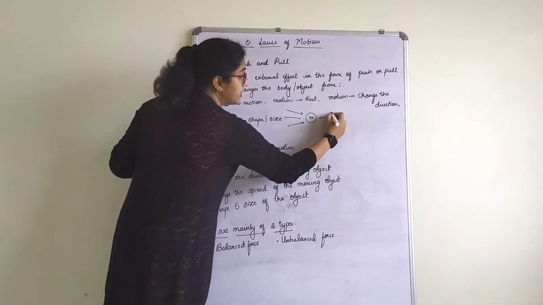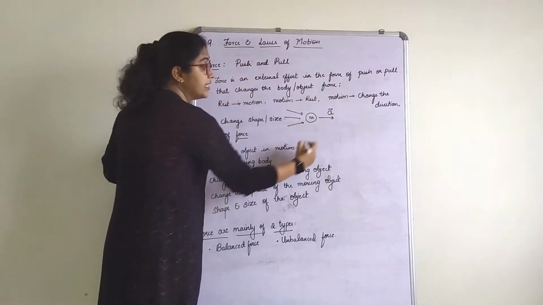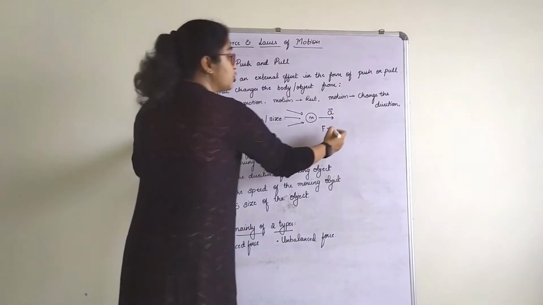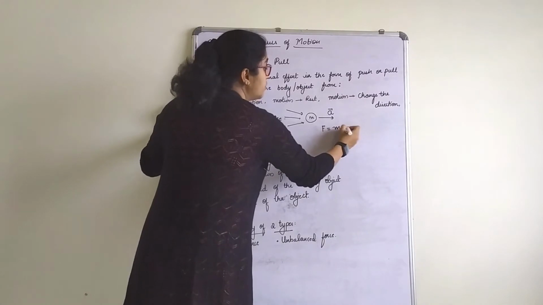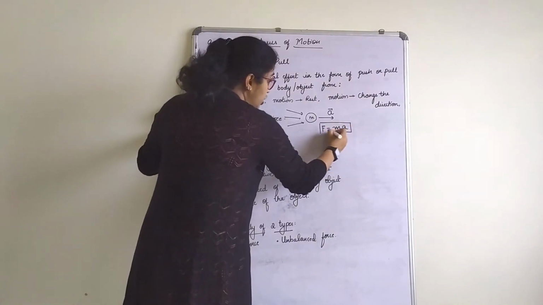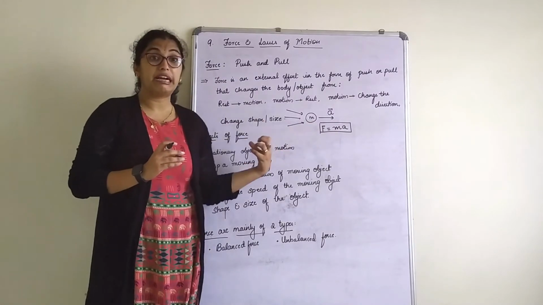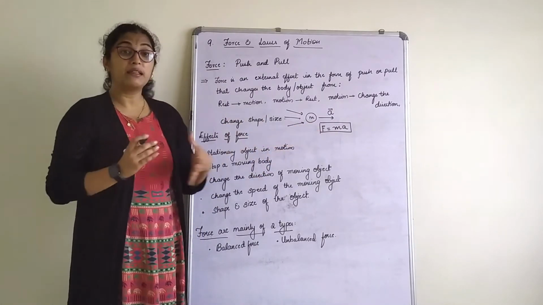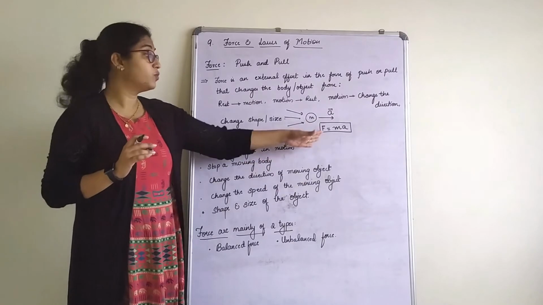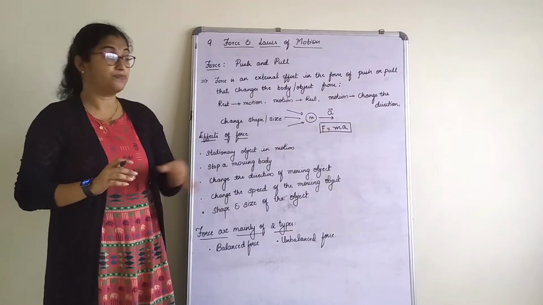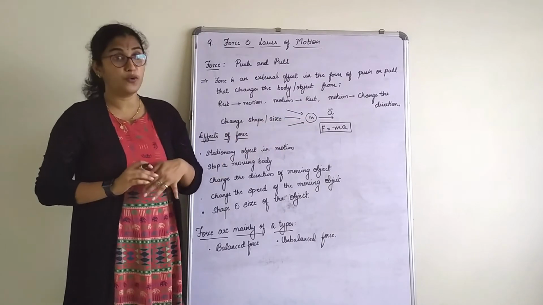That is nothing but acceleration. So force we can define as the product of mass and acceleration. We actually have this mathematical derivation in this chapter, which is nothing but a product of mass into acceleration. We call that a force.